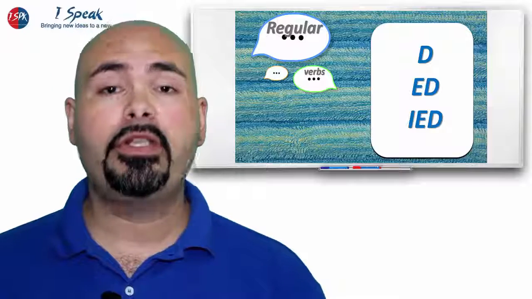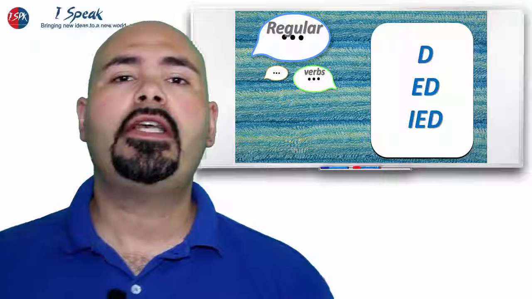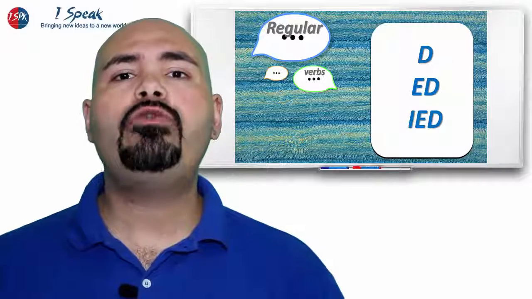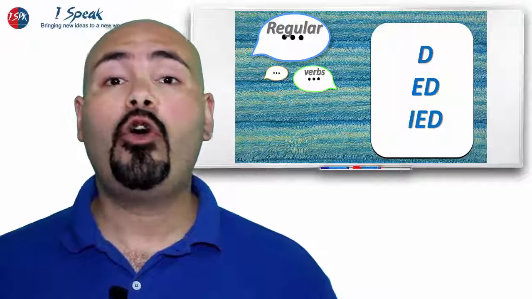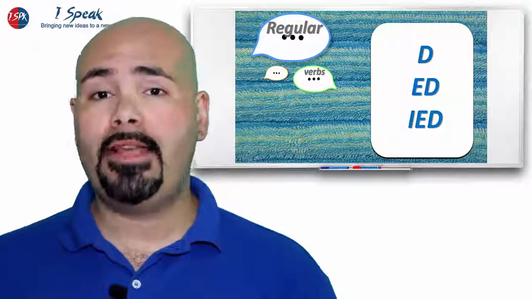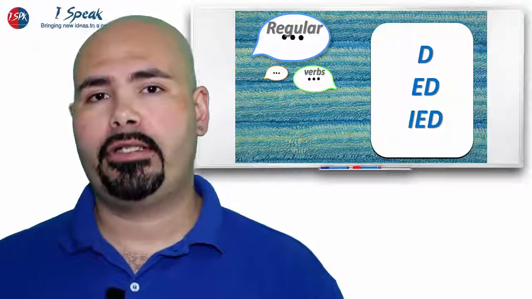Talking about verbs, we have two types of verbs. We have regular verbs and irregular verbs. A regular verb is a verb that when you need it in the past, you add ed, d or ied. So there's a rule for you to transform that verb in the past. For example, work, worked.